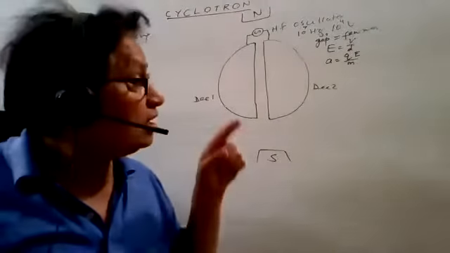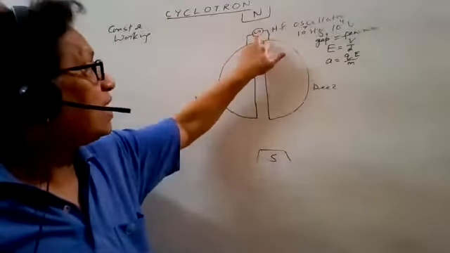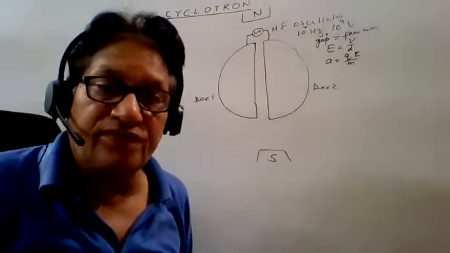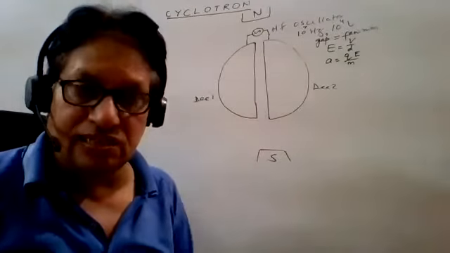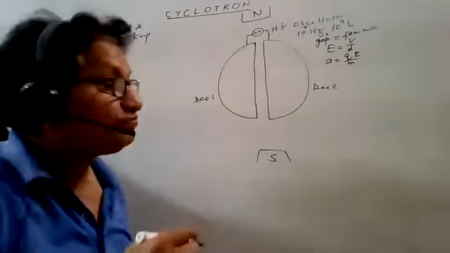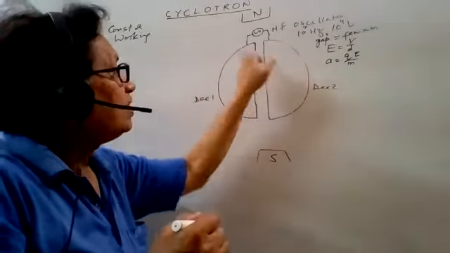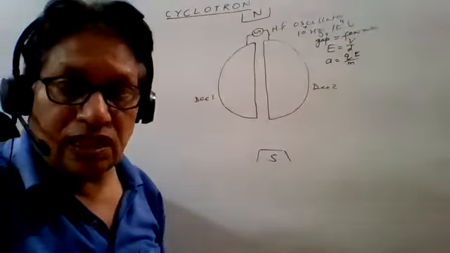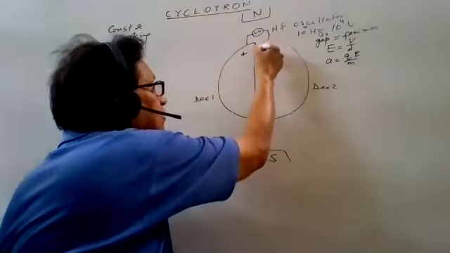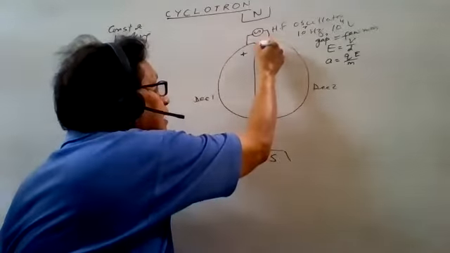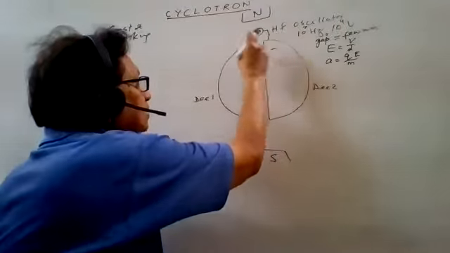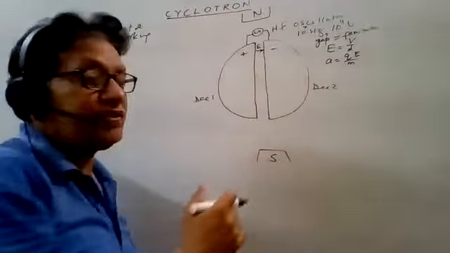Because this is an AC high frequency oscillator, every time it changes direction: positive, negative, positive, negative. In one cycle it changes the direction. Suppose at any time this is positive and this is negative, this is the direction of electrical field. After half cycle, this is positive and this is negative, so the direction of electrical field changes.